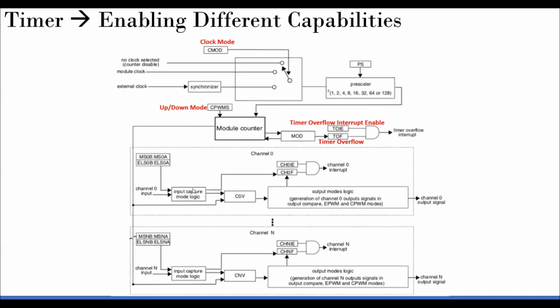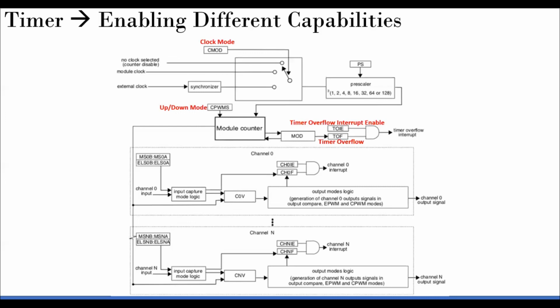The counter counts, and if that value is equal to this value, the channel will be captured. That instant will be captured and an interrupt will also be triggered. On the compare option, if the counter value is equal to this value, the interrupt will automatically be triggered, as well as the corresponding value will be available for you at the output.